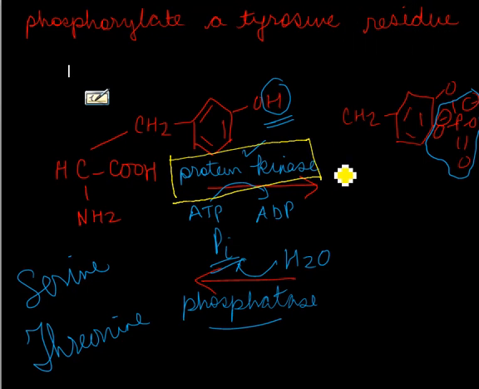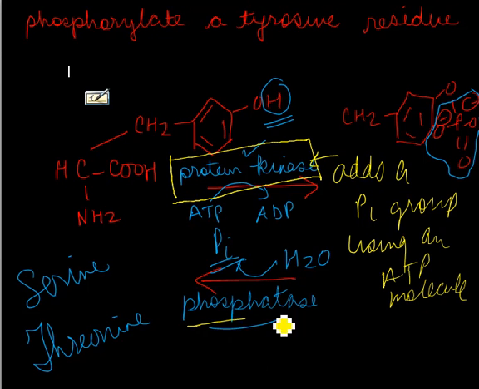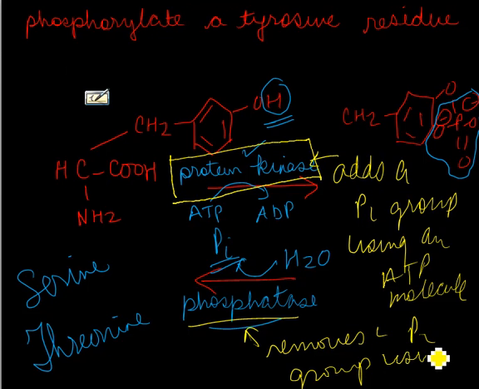A protein kinase is something that adds a phosphate group using an ATP molecule, and a phosphatase is something that removes a phosphate group, using water. So this is the general idea.